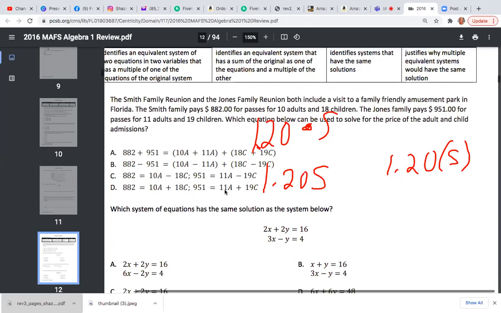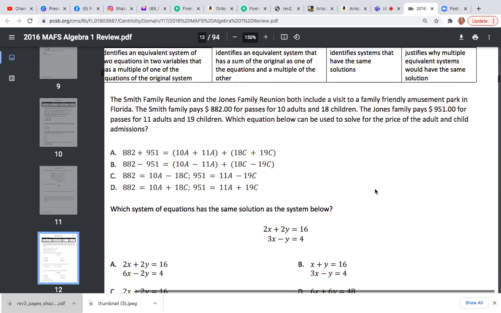All right, more word problems. Oh, here's another word problem. Okay, let's see what we can do with this one right here. All right, guys. So the Smith family reunion and the Jones family reunion both include a visit to a family-friendly amusement park in Florida. Ooh, I wonder what park that is.